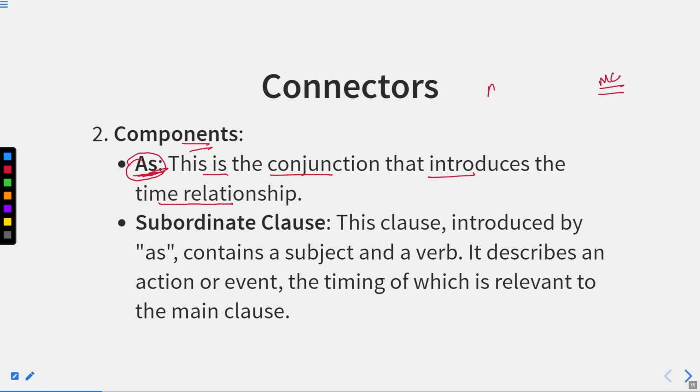So what as does is it connects two actions that are occurring simultaneously. Now the subordinate clause: this clause introduced by as contains a subject and verb. It describes an action or event, the timing of which is relevant to the main clause.